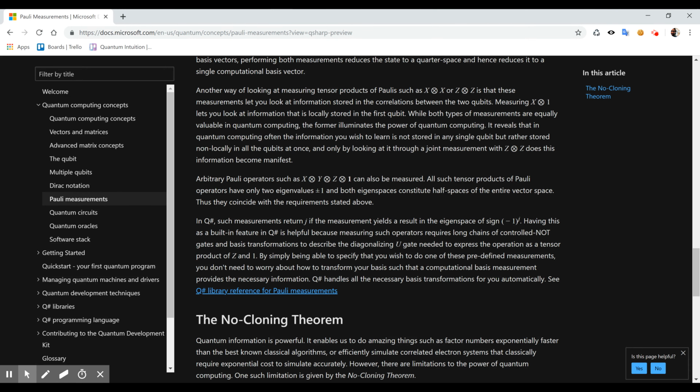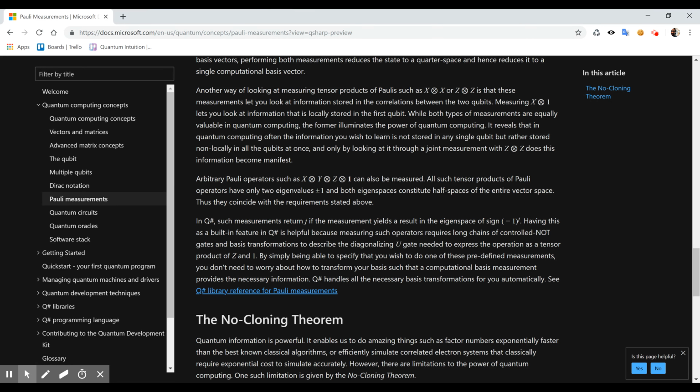So what they are saying is with Q#, you can just tell us where you want to project, and we're going to do it for you. It's just a way of making that easier. I think that's what this means, which is helpful. It's definitely helpful from Q#.